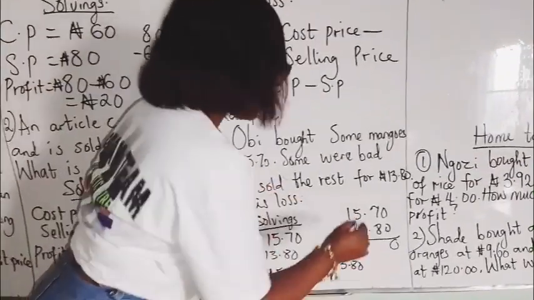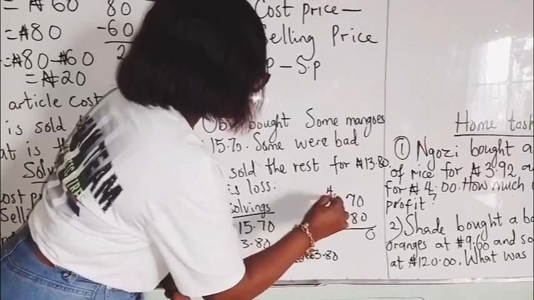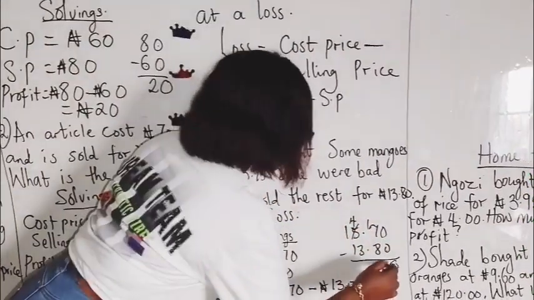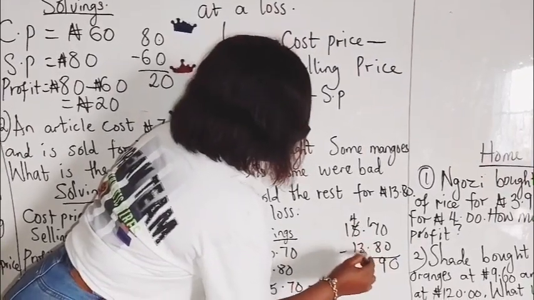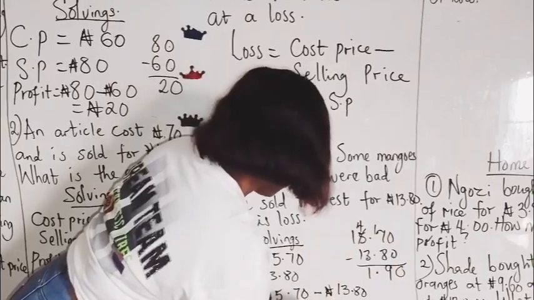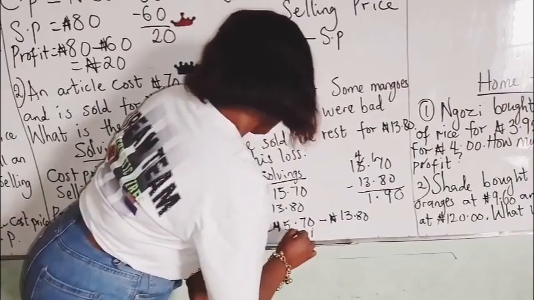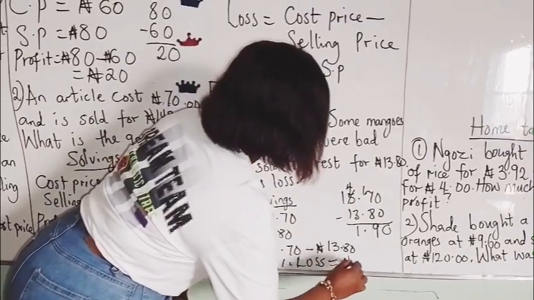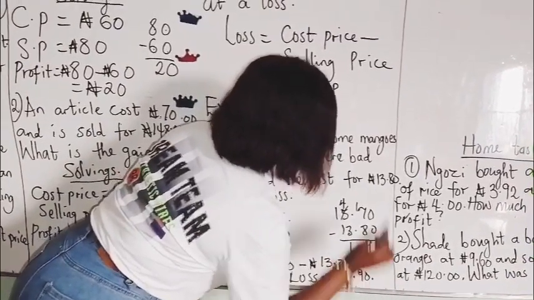I have to work with 5. And 5 becomes 4. And I have 17 here. 17 minus 8 is 9. 4 minus 3 is 1. 1 minus 1 is 0. So I have made a loss, therefore loss is equal to 1 naira 90 kobo.